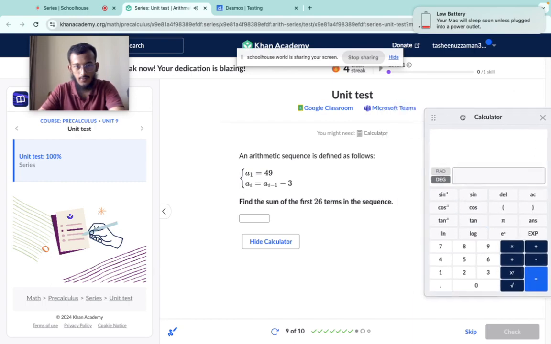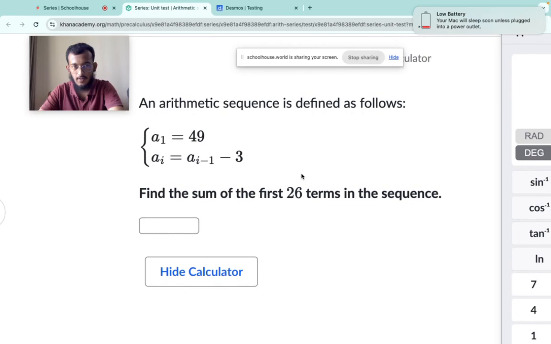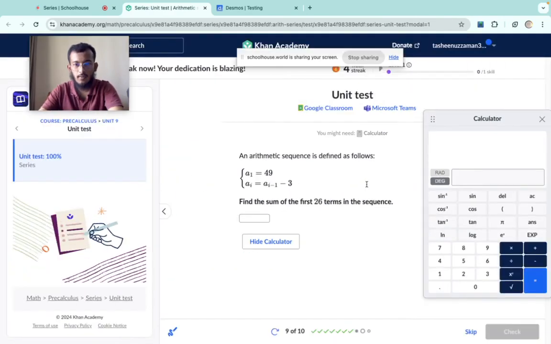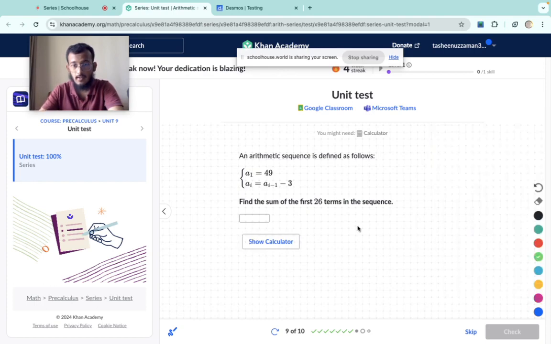Anyway, an arithmetic sequence is defined as follows. Find the sum of the first 26 terms in the sequence. So they're talking about S sub 26, to be specific.